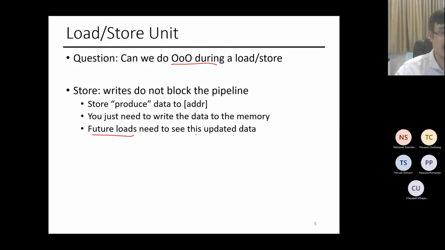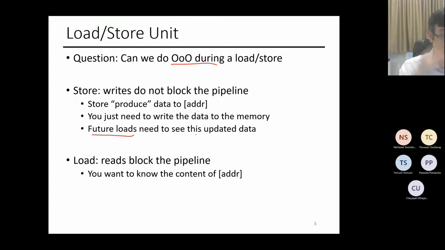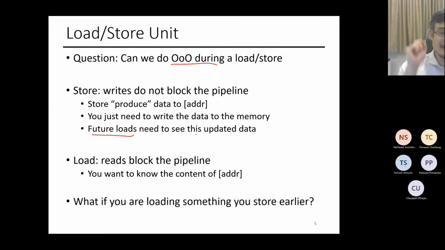So a store or write to DRAM doesn't slow down the CPU. What slows down your CPU is when you want to read the data, because that blocks the pipeline, right? And the question here that I'm going to show you in an example in the next slide is, what if you're loading something that you stored earlier?